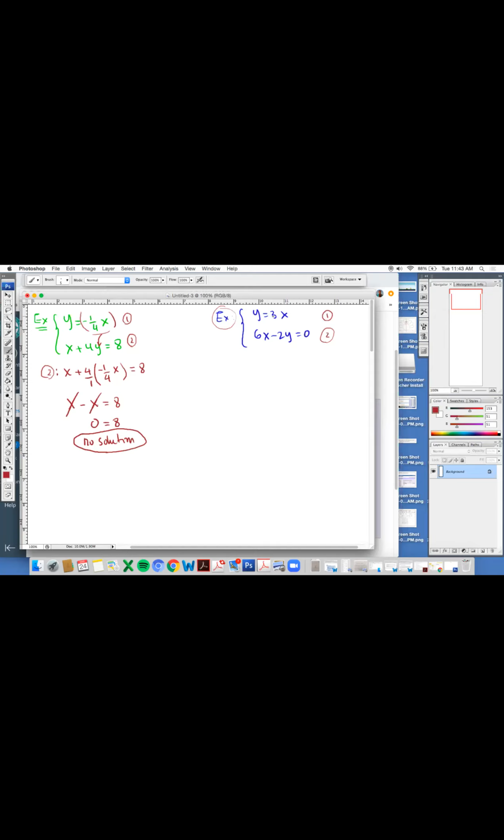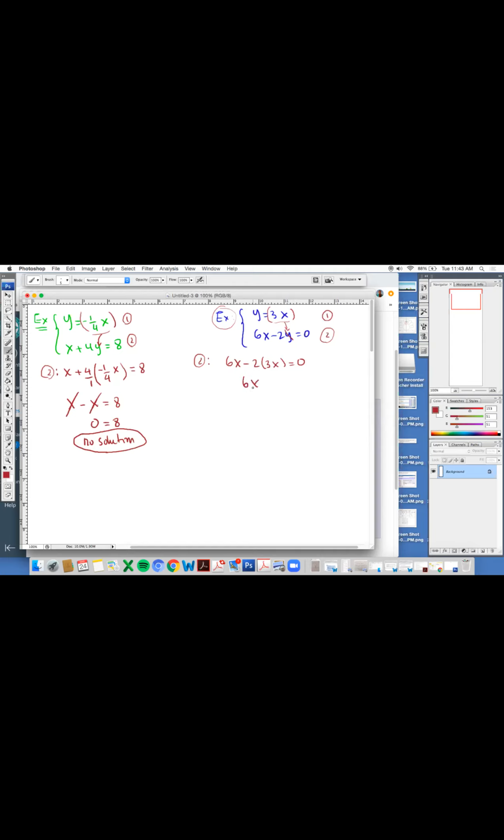Okay, so let's see. Number 1, y equals 3x. I'm going to put this in parentheses, and this is going to go into here. So 6x minus 2y, replace y by 3x. The second equation, I rewrote, removing the y and replacing it with parentheses 3x.